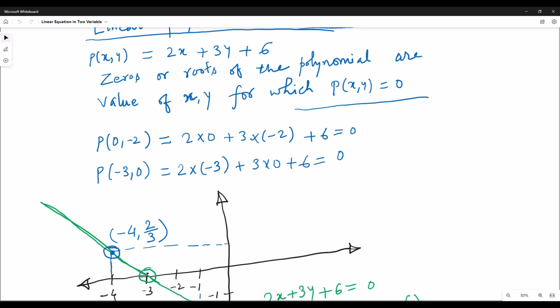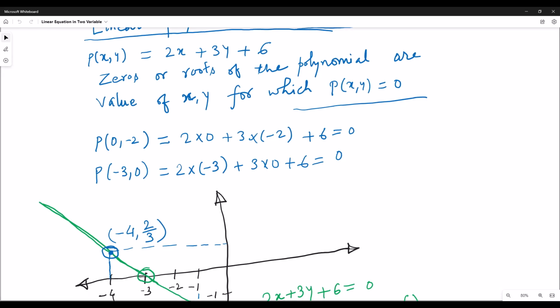Let us check for p(x,y). Let us see for 0 and minus 2, x equals 0 and y equals minus 2. We will replace x equals 0 and y as minus 2 in the expression 2x plus 3y plus 6, and we will see what happens. 2 times 0 and 3 times minus 2 plus 6 equals 0.